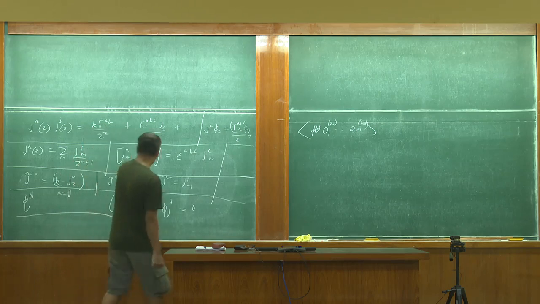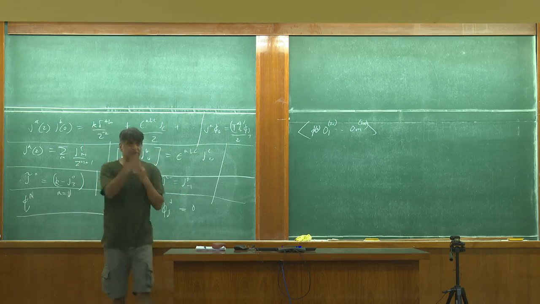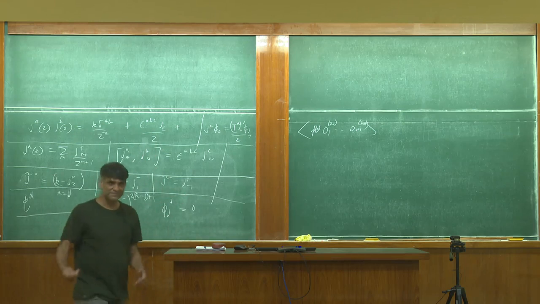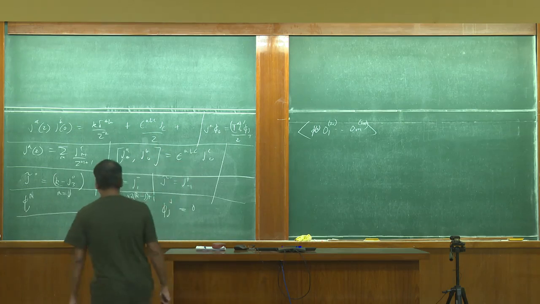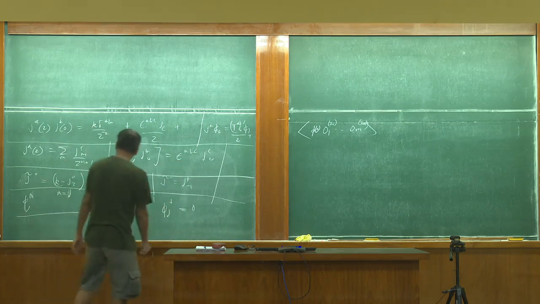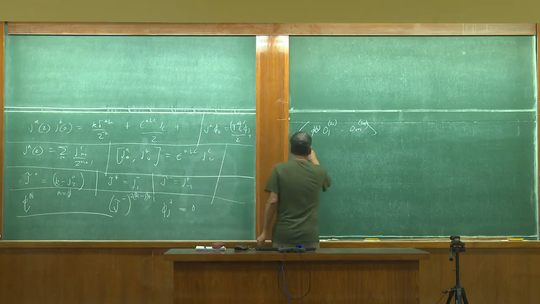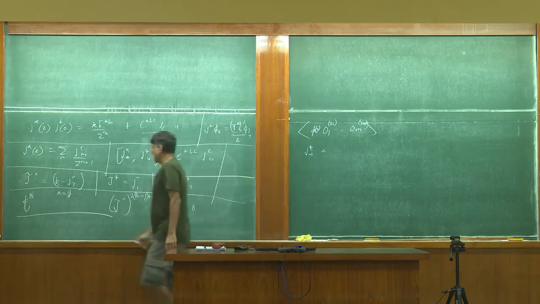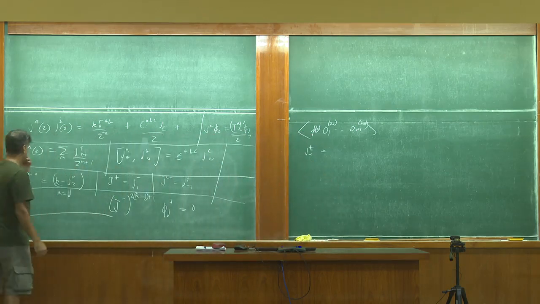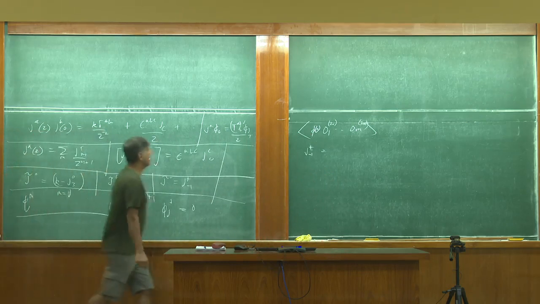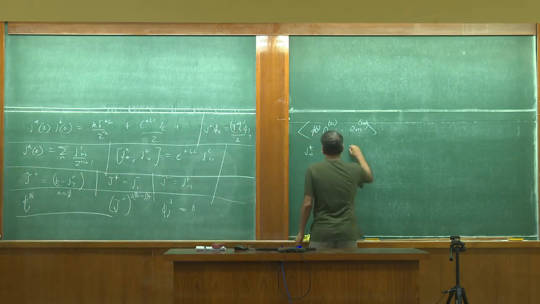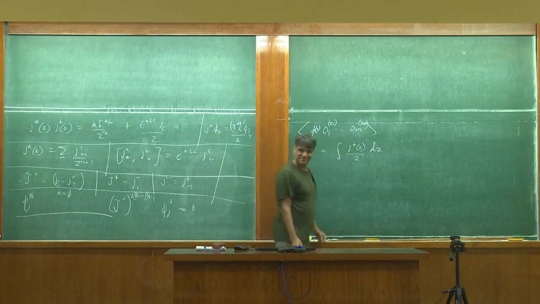Then we wrote down a contour integral representation of J tilde minus, which was J plus with a minus 1, so we had to put J plus of z by z, dz. That was the contour integral representation.